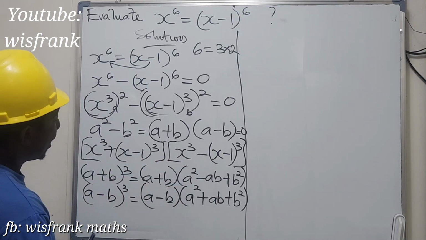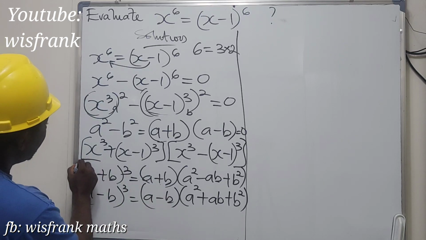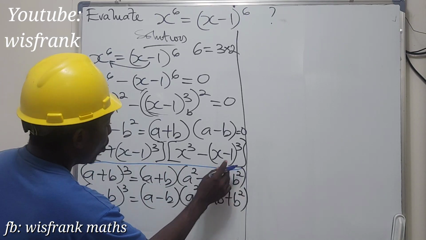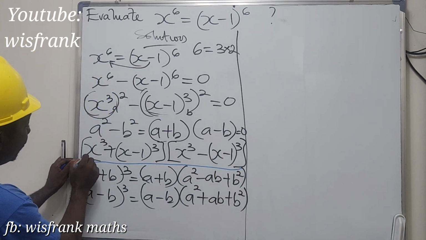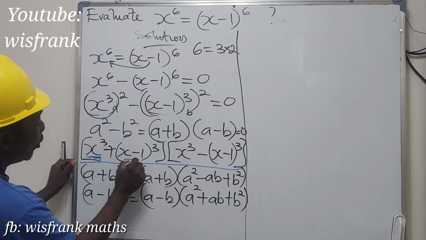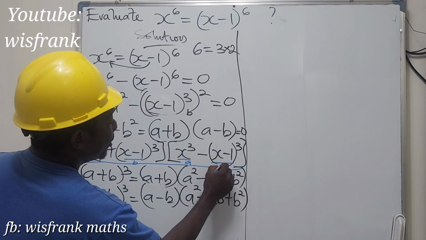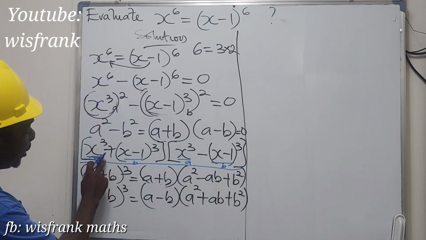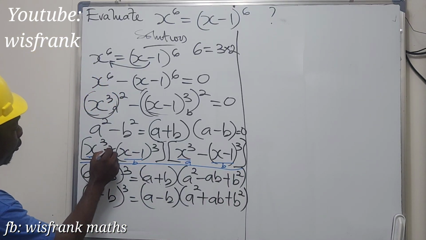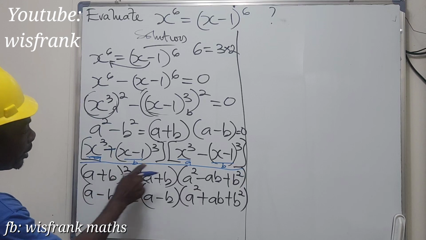As we said before, for this equation, this is what we are going to express. Here we have this as a and the whole of this place as b, here as a and the whole of this place as b. So we are going to express this in this format, where the plus sign here represents this one.